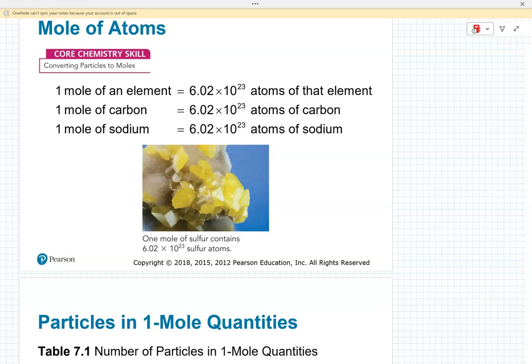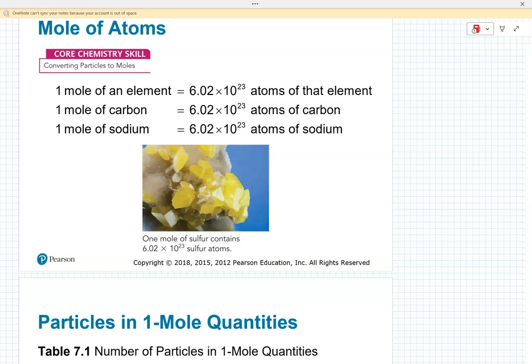I'm dead serious. So, a mole is the same categorically as a dozen. You can say a dozen of eggs, and it will mean how many eggs? 12. Or I can say a mole of eggs, and that would mean 6.02 multiplied by 10 to the power of 23 eggs. Does that make sense?